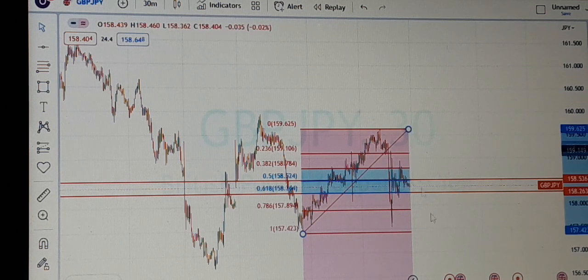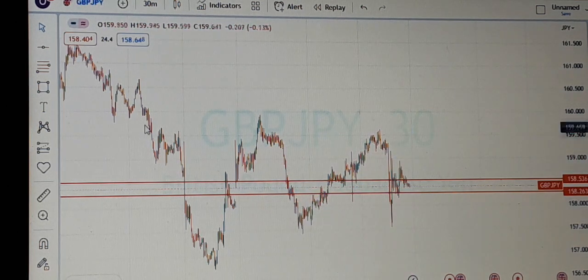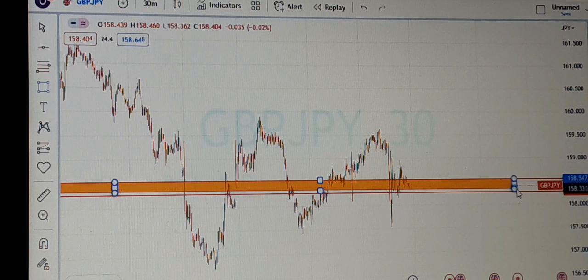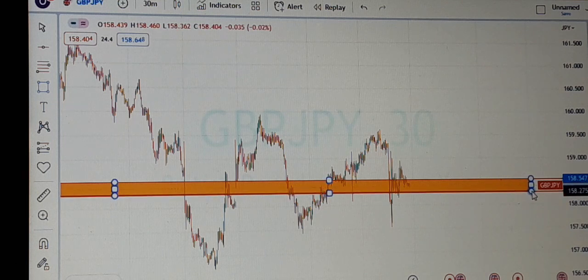Then plot out my Fibonacci, then come and draw in my zone. Let me just draw in my zone. Tracing, man, tracing. We do what we call tracing.